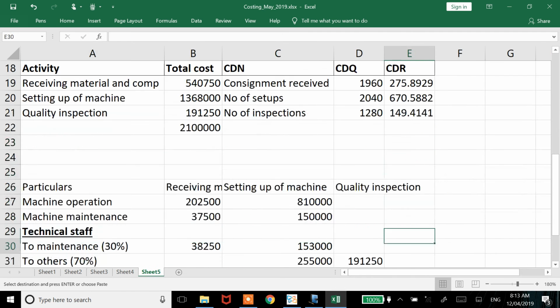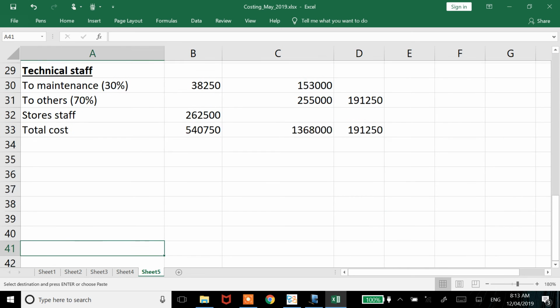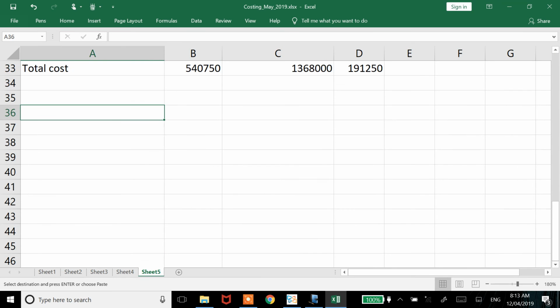Particulars. Next, working note 4 is apportionment of overheads. I have done working note 3 and working note 4 in the earlier problem. I am repeating that here now.